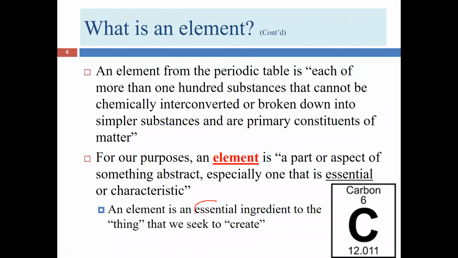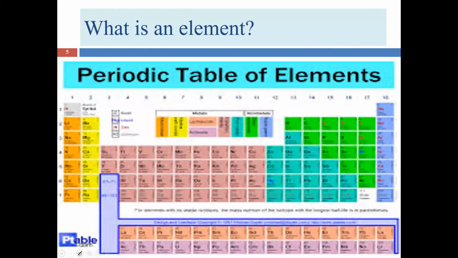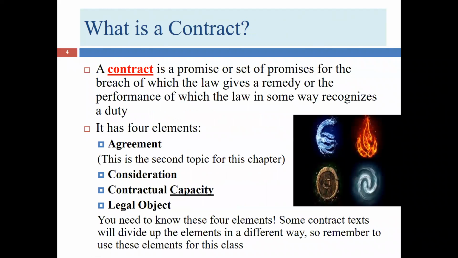You have to have all the elements. If I'm missing one, if I'm going back here, if I'm missing contractual capacity, I don't have a contract. If I'm missing agreement, I don't have a contract. If I'm missing consideration, I don't have a contract. If I'm missing legal object, I don't have a contract. I may have something, it may even have legal significance, but it's not a contract.